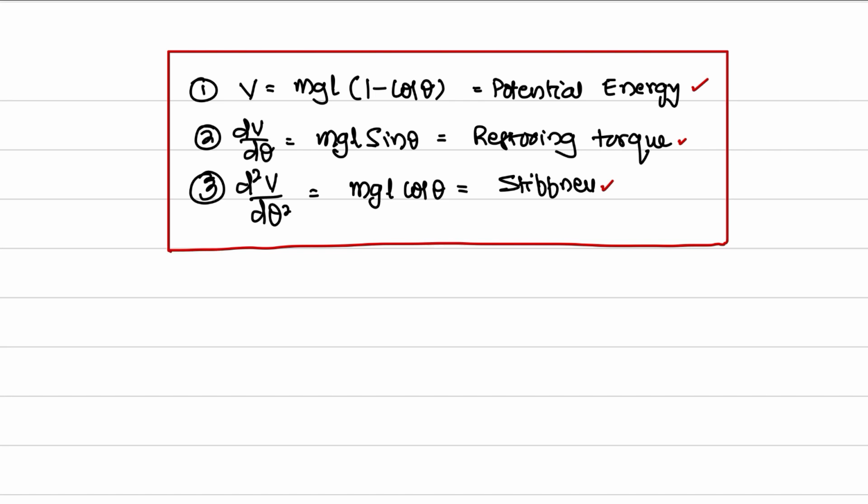And stiffness, d square V by d theta square when theta is equal to 0, what is its value? mgL into cos 0. When I put a vertical line and write this, that means I am writing the value of the variable, d theta square, at theta equal to 0. That is equal to mgL.